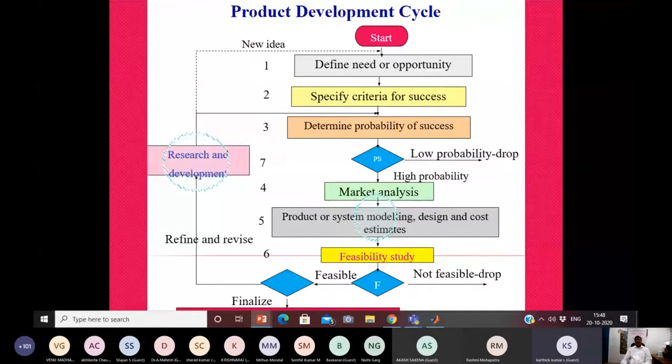That's why there is a new need to develop this type of power-free tracking system so that overall efficiency can be increased. Then we have to cross check whether there is a probability of success.